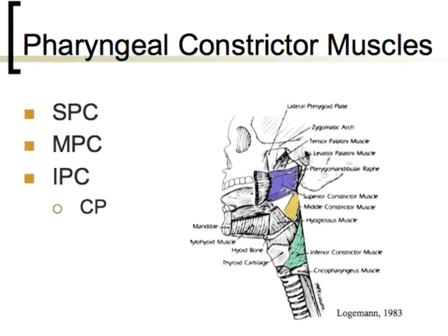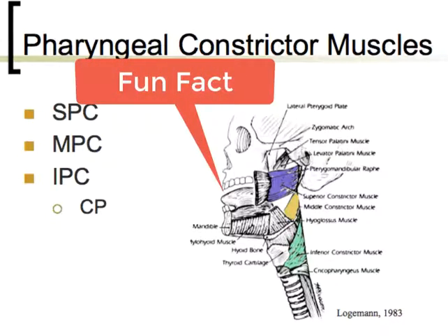The pharynx is comprised of three constrictor muscles. The most superior one is called the superior constrictor, or superior pharyngeal constrictor. Then there's the middle pharyngeal constrictor and the inferior pharyngeal constrictor. Now, the interesting thing is that in most anatomy texts, the inferior pharyngeal constrictor comprises the cricopharyngeus muscle.